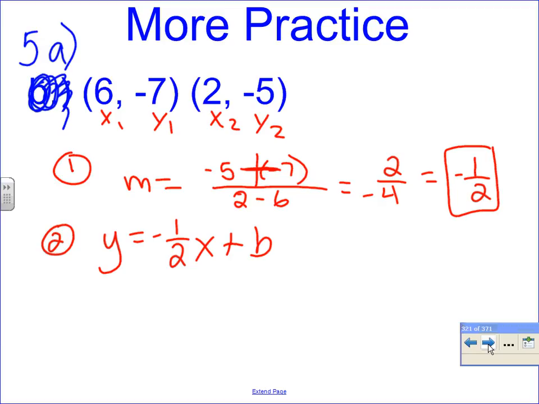So how can you use the equation we have and something here to find b? You almost have it. Just one more thing you have to say.